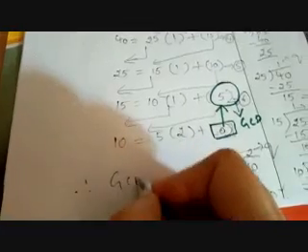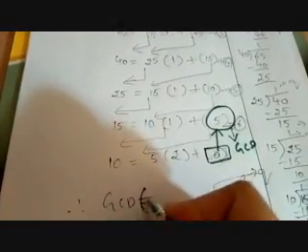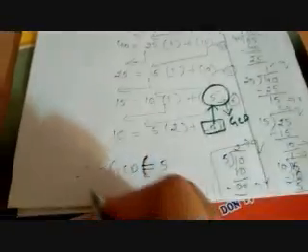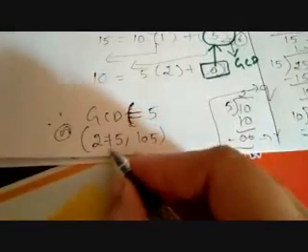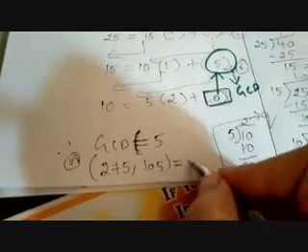So at last you can write down, therefore GCD is equal to 5, or in brackets you can write it down. So what are the numbers? GCD of 275 and 105 is equal to 5.